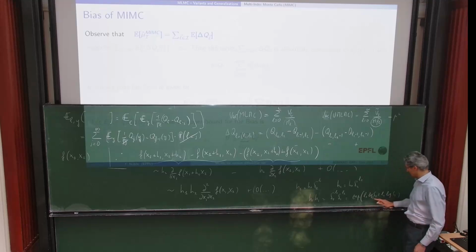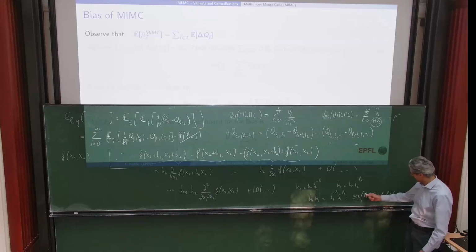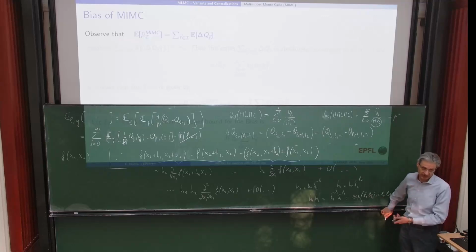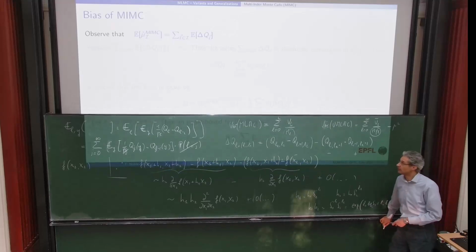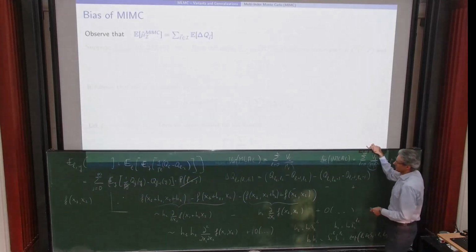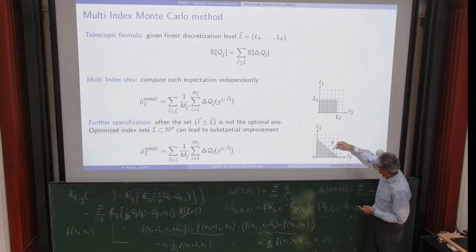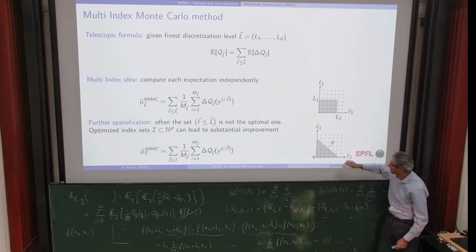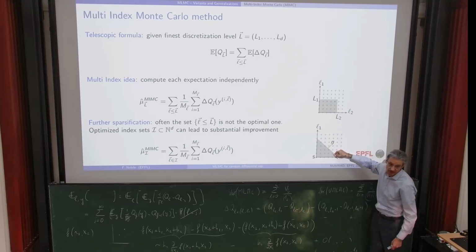So now you say that all the terms that are on this line, that have the same linear combination between L1 and L2 with these weights, have more or less the same error contribution. So all the terms on these lines that correspond to these linear combinations have more or less the same size.